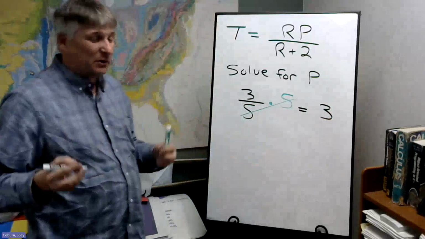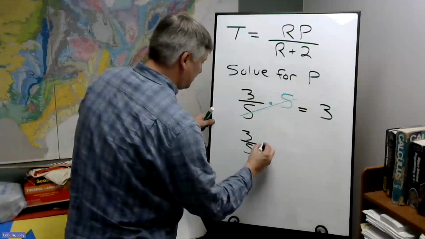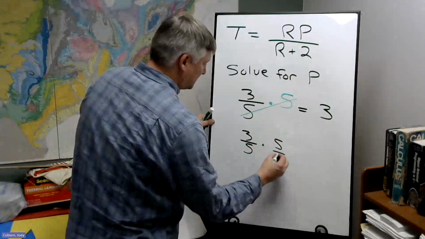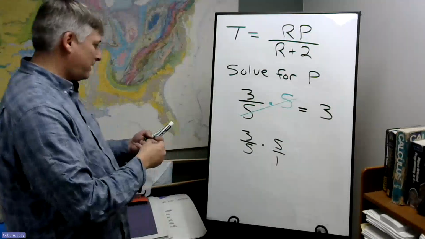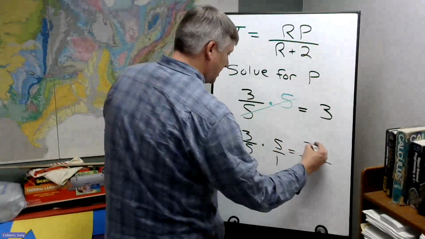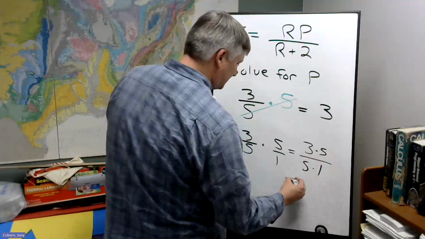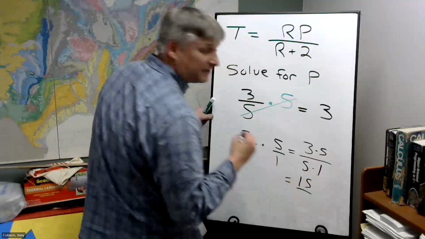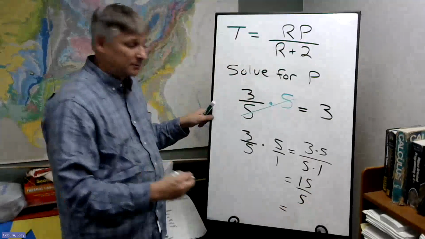Now, this is kind of a shortcut. What's really going on here is 3/5 times, you can call this 5/1. Multiply across, get 3 times 5, 5 times 1, 15/5.